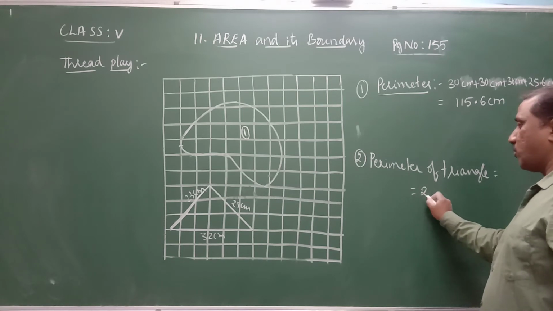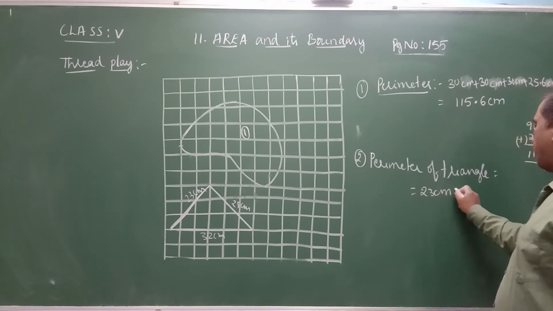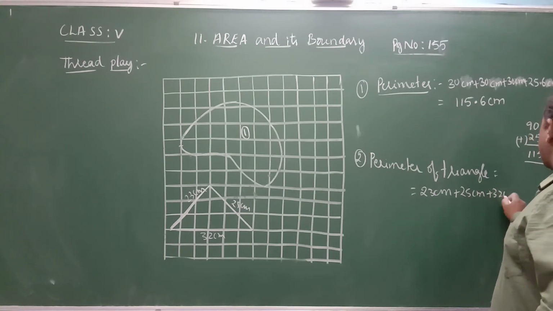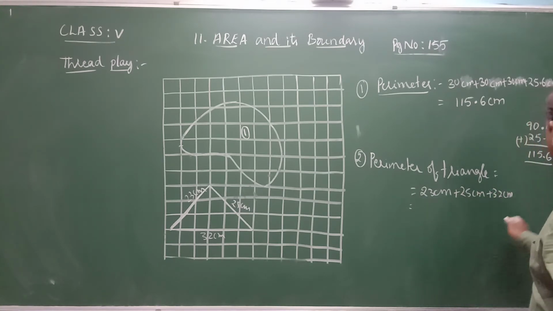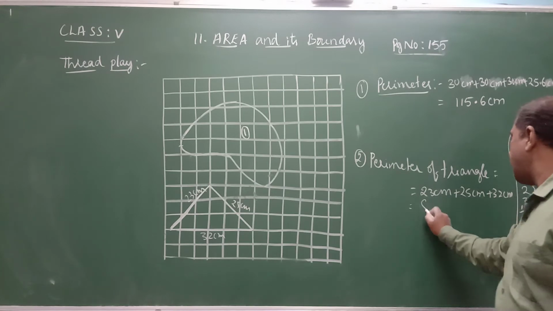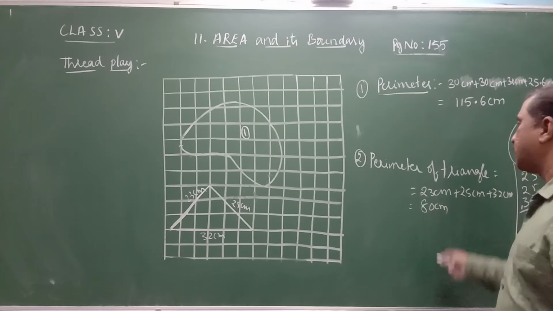That is 23 centimeters plus 25 centimeters plus 32 centimeters. Add all. 3 plus 5, 8. 8 plus 2, it is 10. Keep 0 and carry 1. 2 plus 2, 4. 4 plus 3, 7. 7 plus 1, it is 8. 80 centimeters is the perimeter.